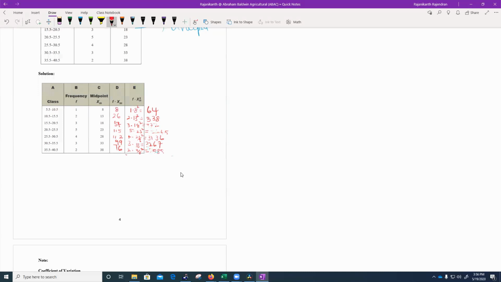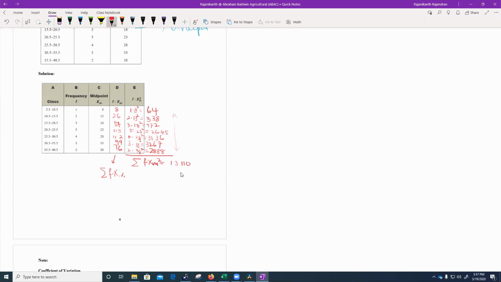Now I need to find the sum of this column, that is, the summation of f times xm squared. Simply add these values. I got 13,310. Please make sure that you are getting the correct answer. Then from this column, I need to find the summation of the product of f and xm.